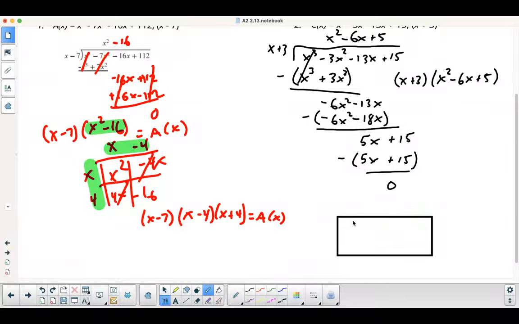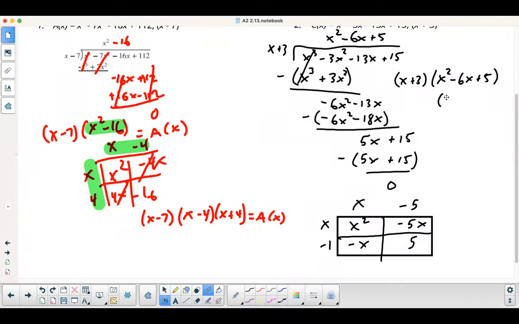So I'm going to put my x squared here and my 5 here. And I'm going to say, okay, x times x will give me that. And let's see here. I need to get negative 6x. So negative 5 times negative 1 still gives me positive 5 when I multiply those. And then when I multiply these, they add up to the negative 6x right there.